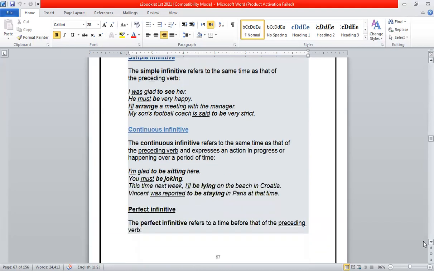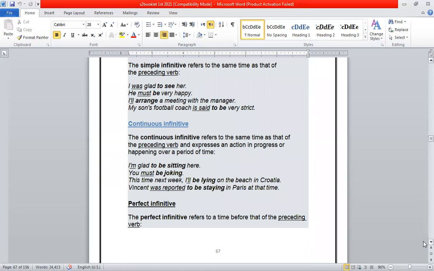Continuous infinitive. The continuous infinitive refers to the same time as that of the preceding verb, the same time again, and expresses an action in progress or happening over a period of time. You must be joking. I'm glad to be sitting here, the same time.